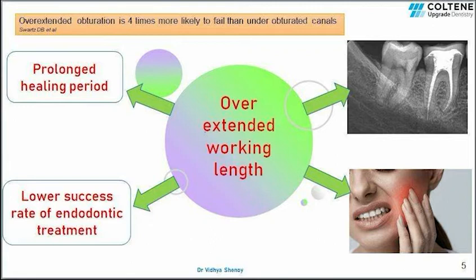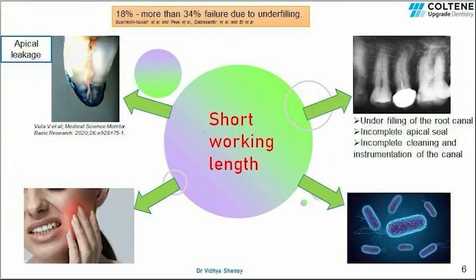The patient may present with pain or swelling because of the overextended obturation. Now, since the periapical region is violated, it takes time to heal. This ultimately lowers the success rate of endodontic treatment. Various studies have reported failure due to short obturation to be ranging from 18% to more than 34%.